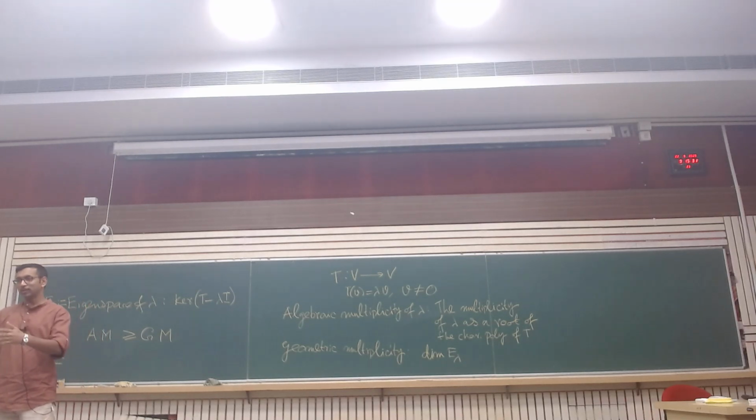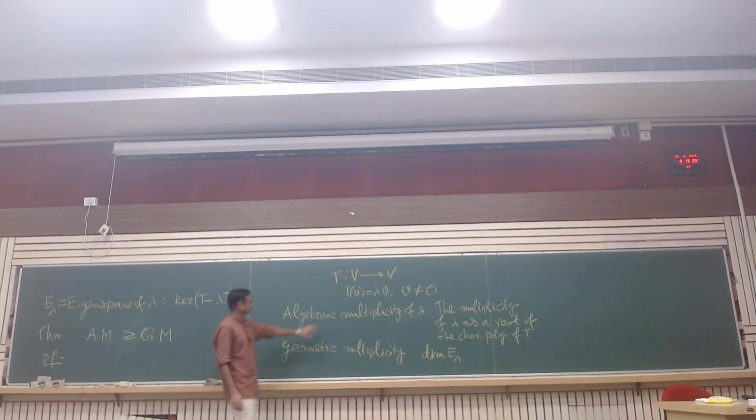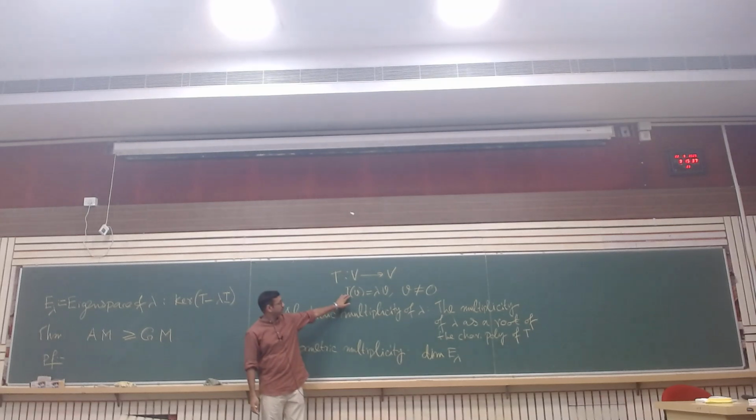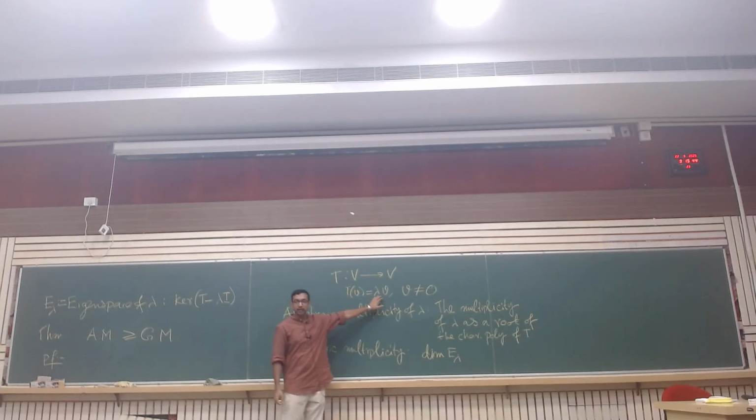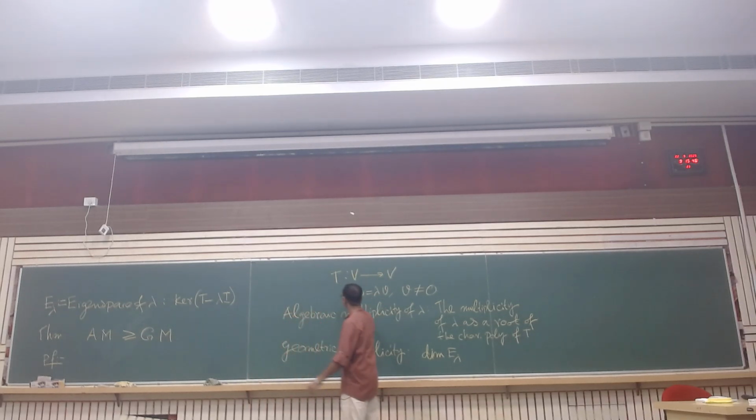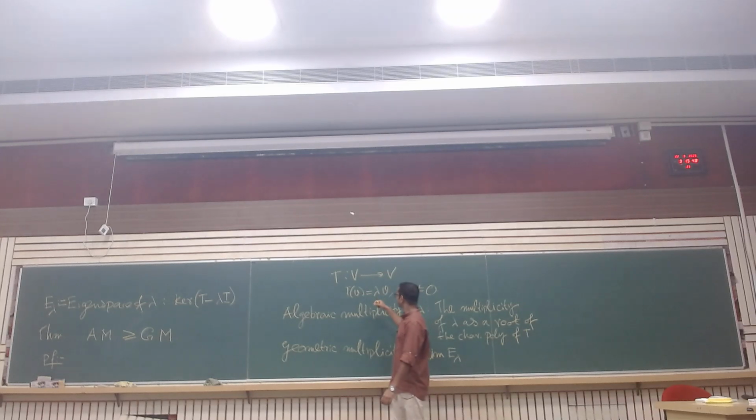Suppose you are considering a real vector space, and suppose you have some linear operator T. Take your favorite vector space, say R2, and T from R2 to R2. Lambda is an eigenvalue of T. Now you are asking how many eigenvectors T can have corresponding to lambda.